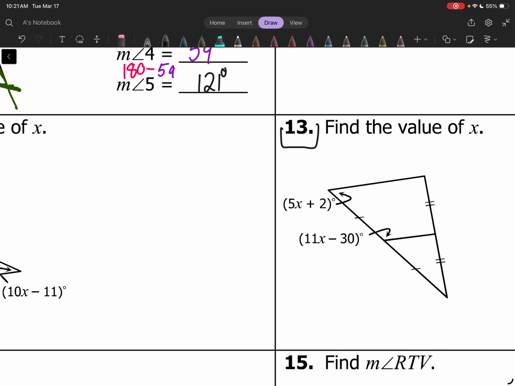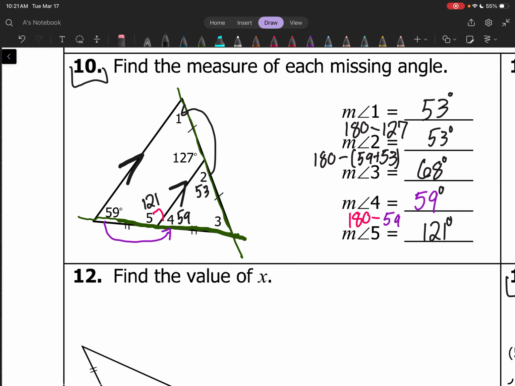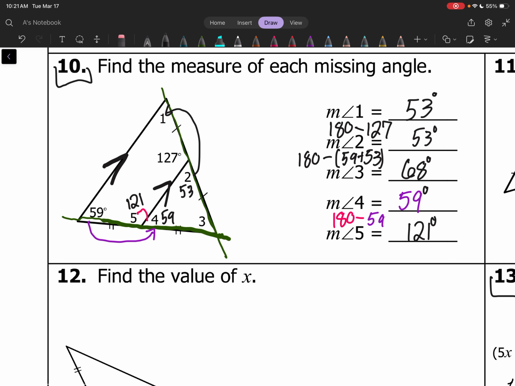Now I want you to notice something on problem 10. Whenever I have 127 and angle 2 as being supplementary, and I have angle 2 is equal to angle 1, 127 degrees and angle 1 have to be supplementary.